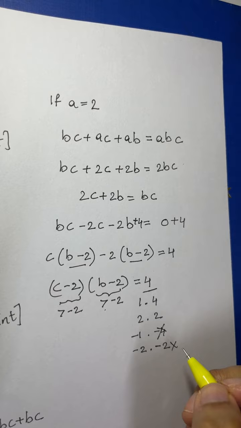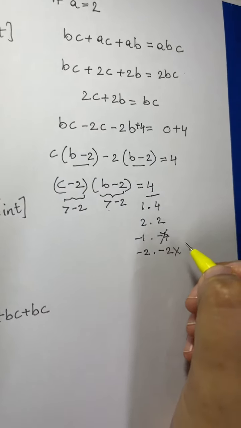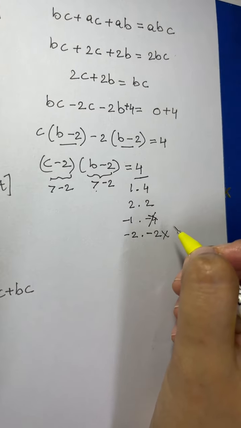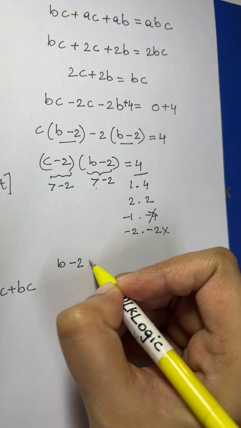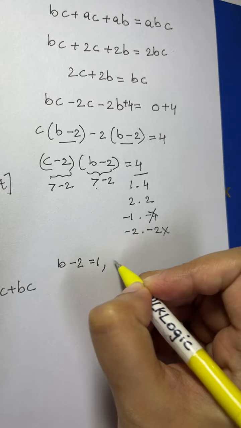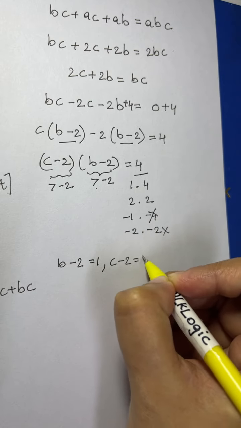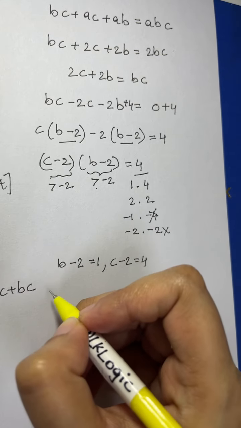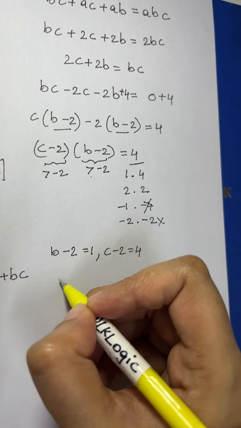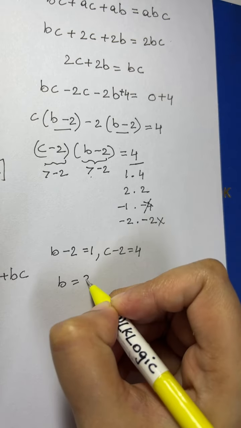So let's go ahead and write down the possible values for A, B, C. If B minus 2 is equal to 1 and C minus 2 is equal to 4, that's one condition. So let's find out. B will be equal to 2 plus 1, that's 3.